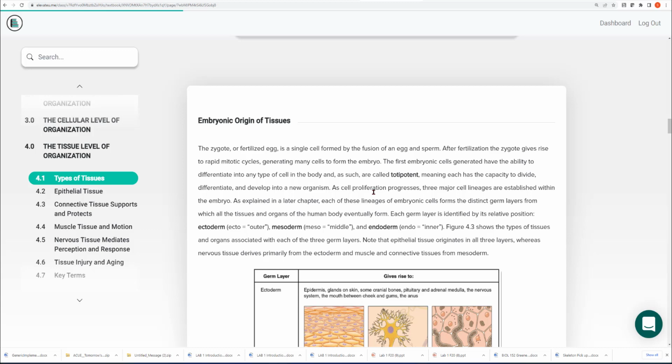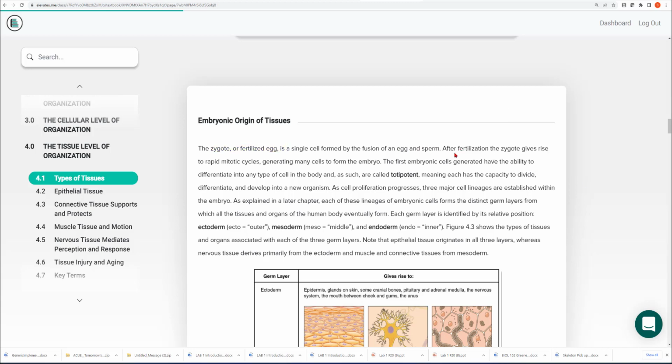So I mentioned that each of the different types of tissues comes from distinct embryological layers. Let me introduce those layers to you. Recall that at the beginning of our life cycle, the zygote is formed. The zygote is the fertilized egg. So when egg and sperm come together, we form the zygote.